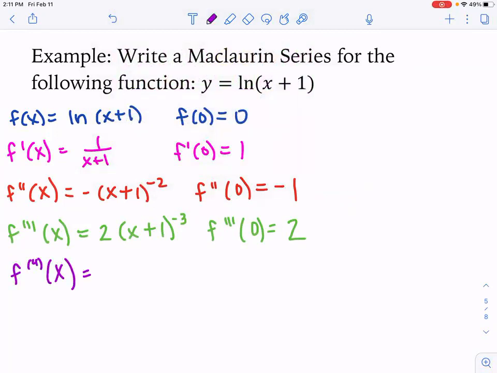Our fourth derivative, negative 6 times x plus 1 to the negative fourth. When we evaluate it at 0, we get... what is the problem?